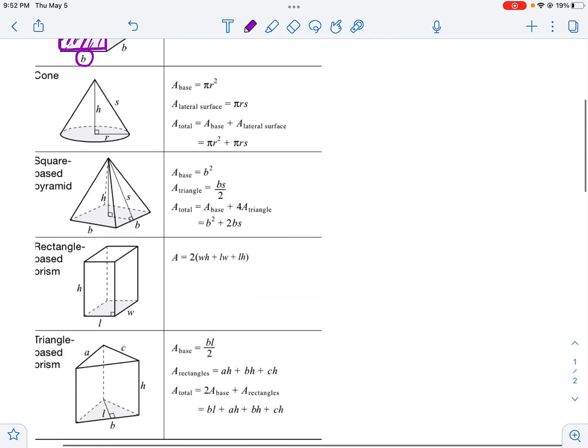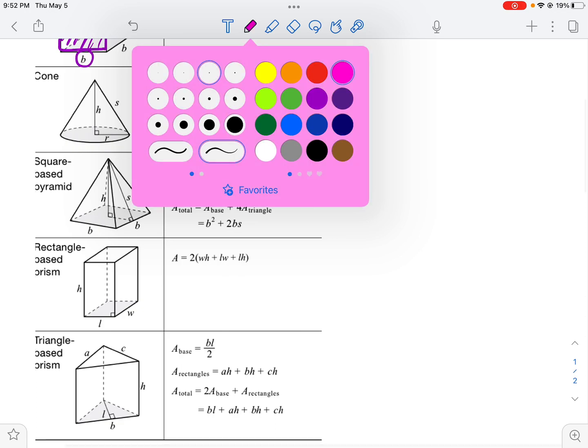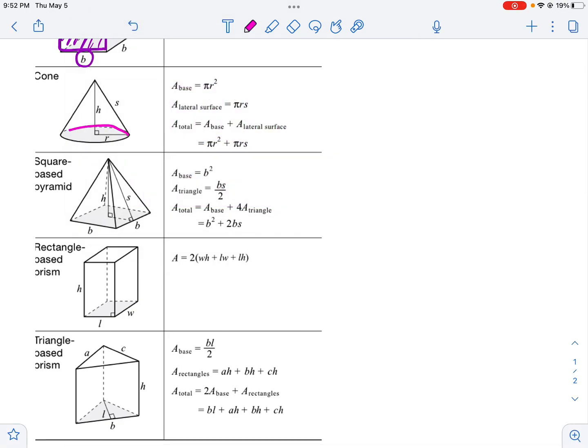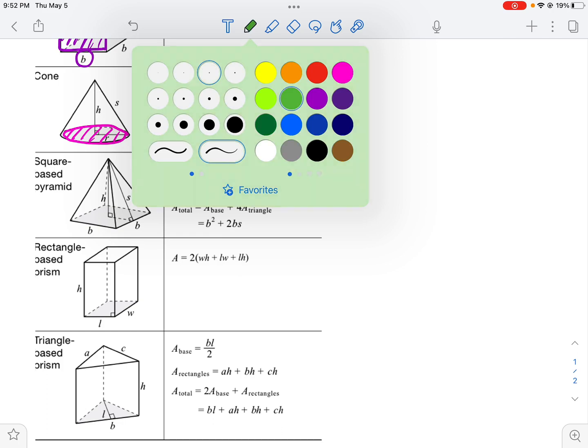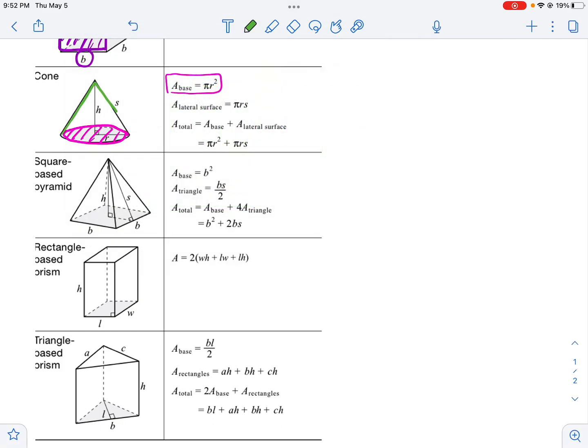All right, let's look at the cone. The cone has a base that is a circle, so that formula is pi r squared. Then the lateral surface of a cone, its formula is pi r times s.